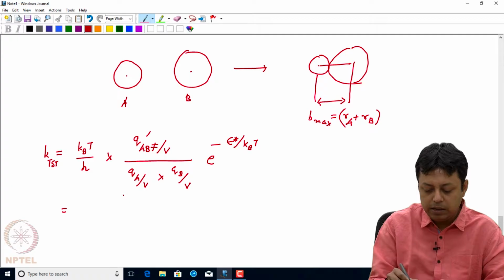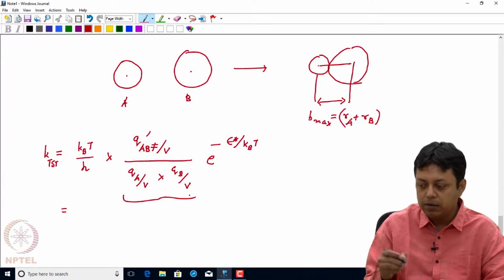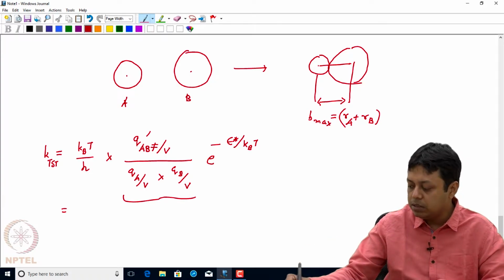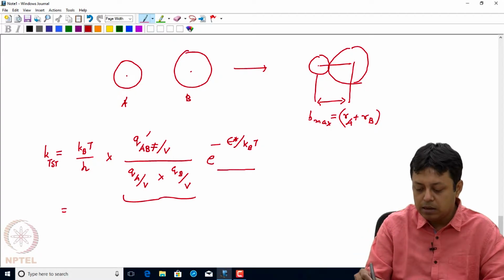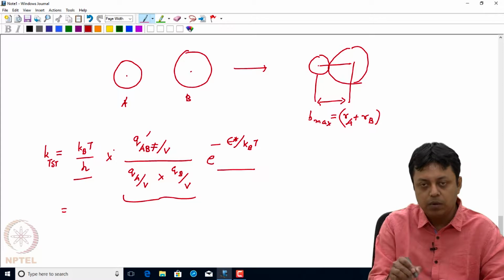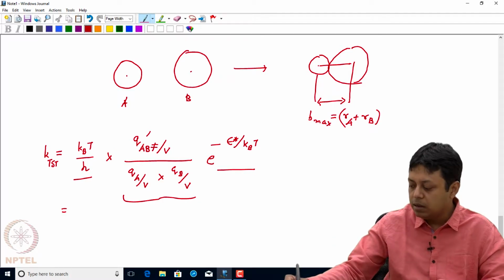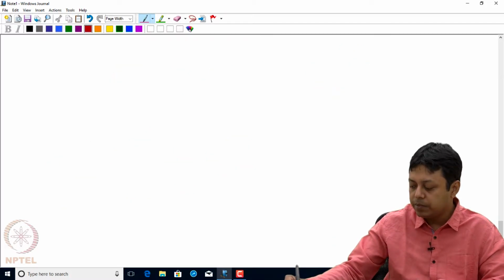Now we are going to only calculate this part, and then we can go back to this, because this part is similar to the collision theory, and this will be reduced to a useful version.